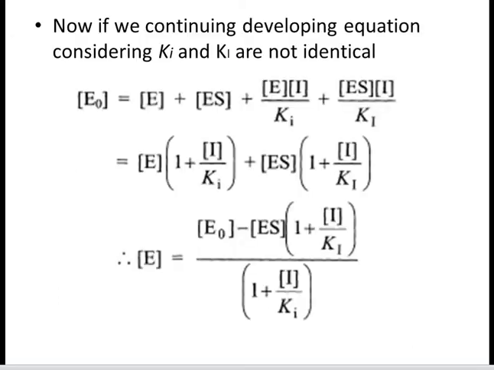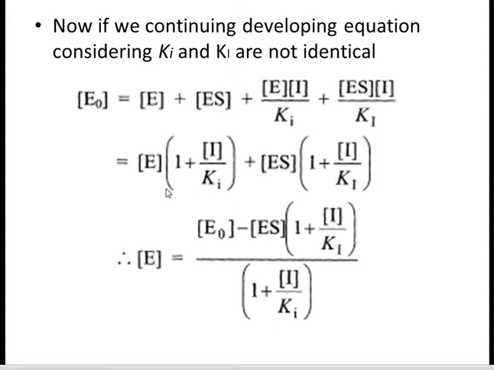Now if we continue developing the equation, considering K small i and K capital I are not identical, then concentration of E0 is equal to concentration of E plus concentration of ES plus concentration of E into concentration of I divided by K small i plus concentration of ES into concentration of I divided by K capital I.